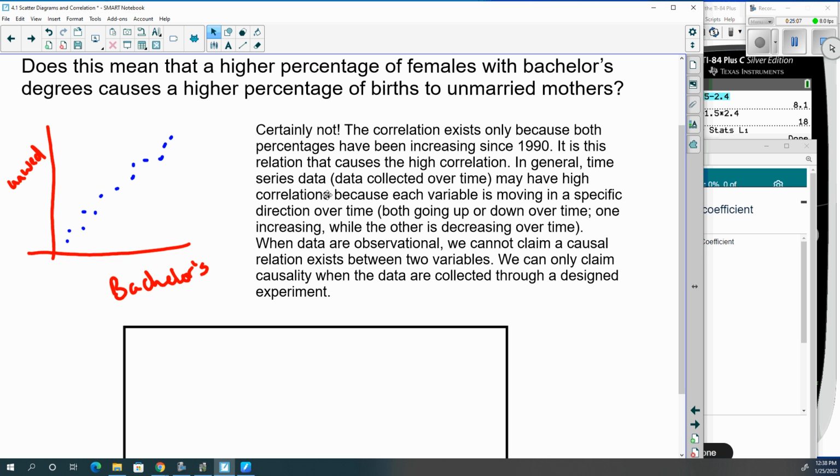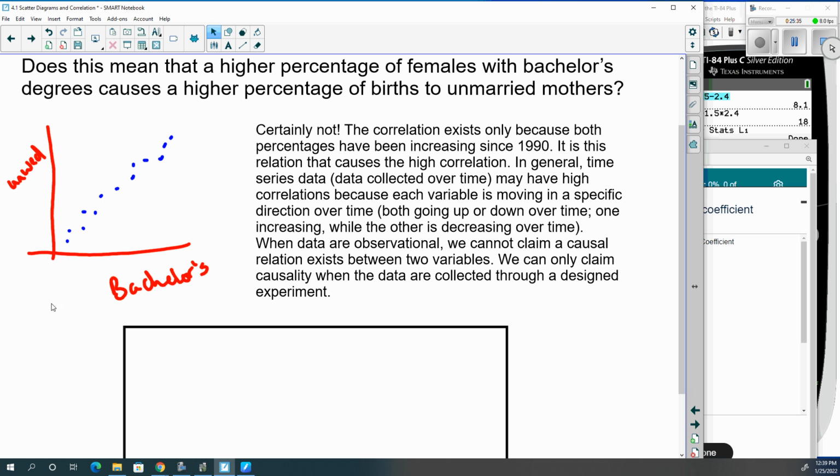In general, time series data, or data that's collected over time, may have a high correlation because each variable is moving in a specific direction over time, both going up or down over time. One can be increasing while the other is decreasing. When data are observational, we cannot claim a causal relationship exists between the two variables. We can only claim causality when the data are collected through designed experiments.